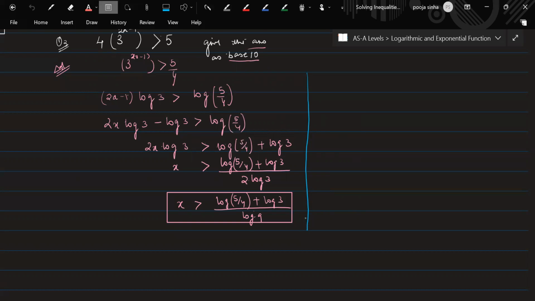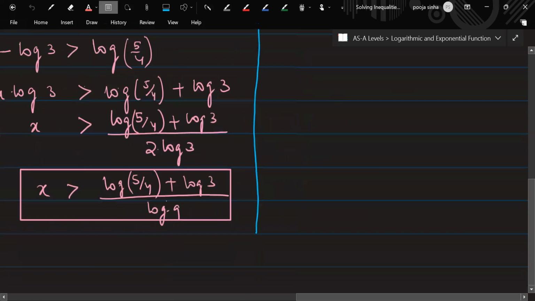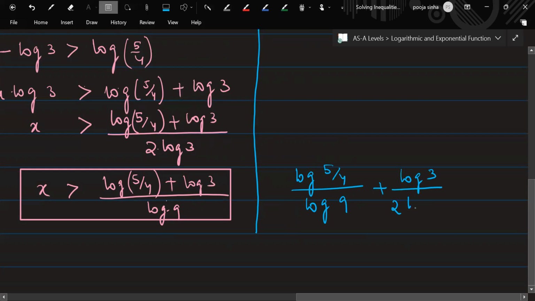Which is also the same thing. If I break it, suppose I do it like this: log 5 upon 4 upon log 9 plus log 3 upon 2 log 3, with 2 log 3 instead of log 9. This will get cancelled. So are you getting 1 upon 2 like this?